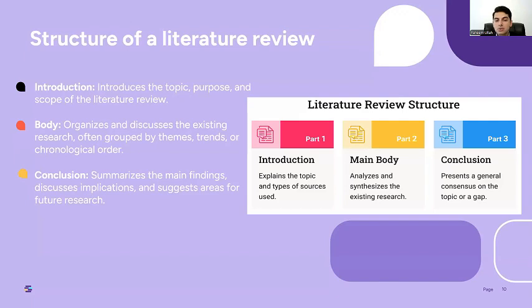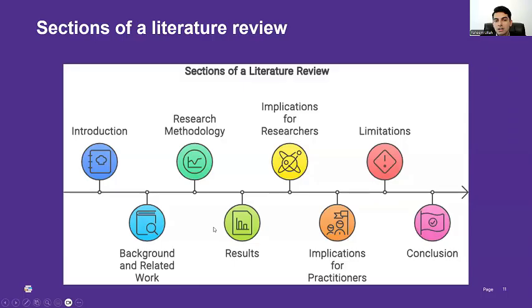But when it comes to writing a literature review, it has these different parts. A literature review, like any other research article, starts with the introduction section. In the introduction, of course, you introduce the topic, but the main thing that I look for in a literature review is the motivation for it.